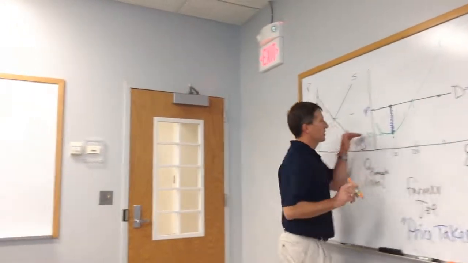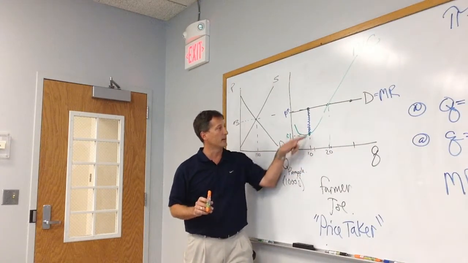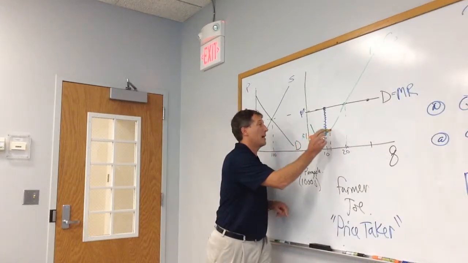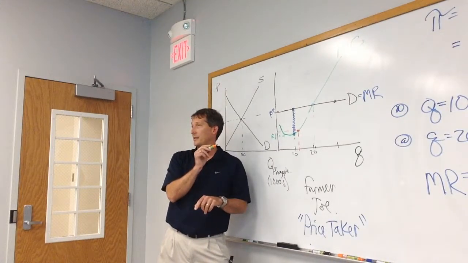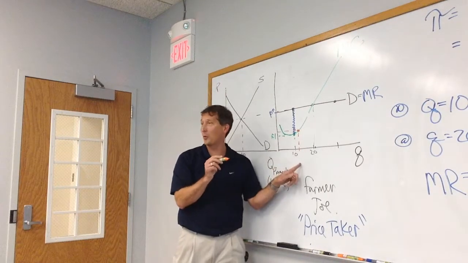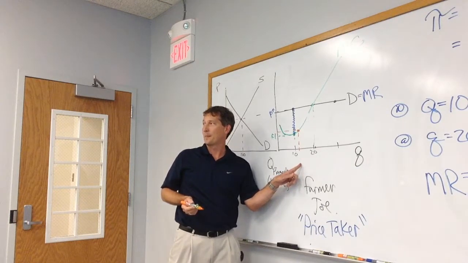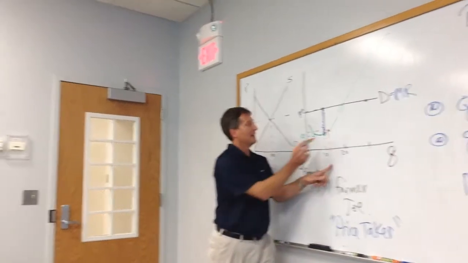What happens to your cost of the 11th? If this was at the very bottom part here, what does the cost of the 11th do? It goes up. So we shouldn't do it? Should we make that 11th, or was it indeed stupid to do it? You still make a profit on it, right?